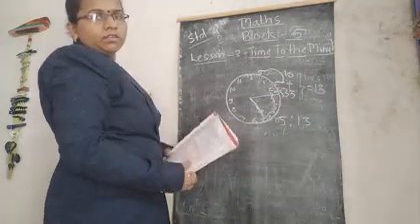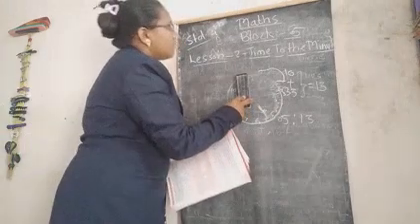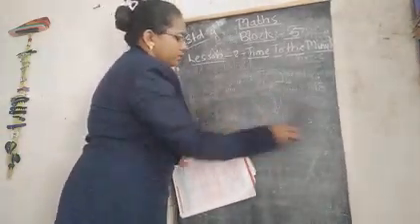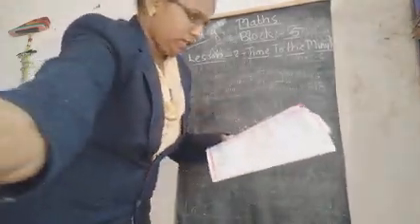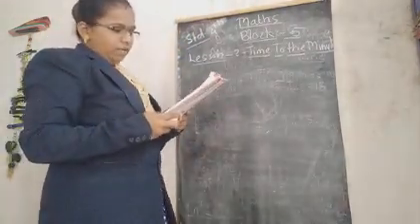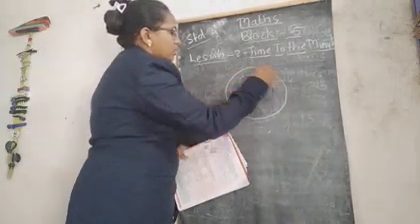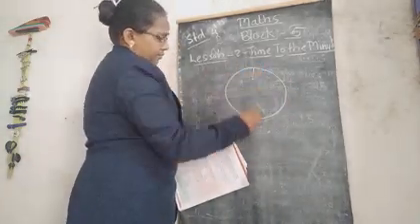Understand? Okay. So my dear students, let's start our question number 1. Question 1. Work in groups and show the time on a cardboard clock. Suppose this is a cardboard clock.